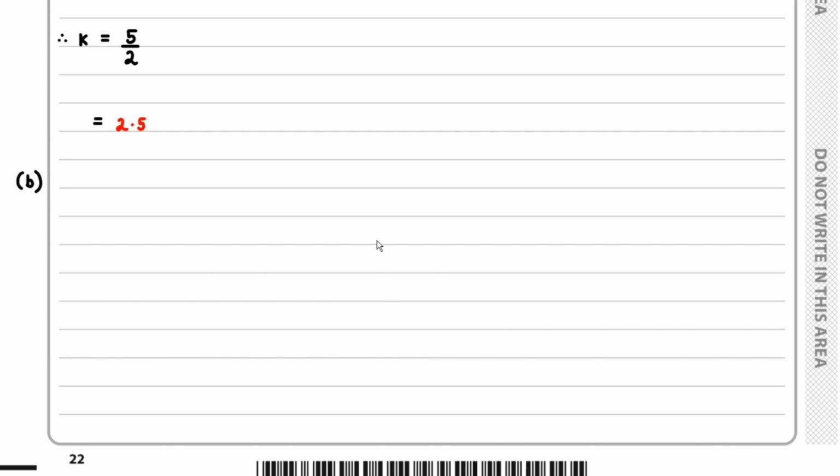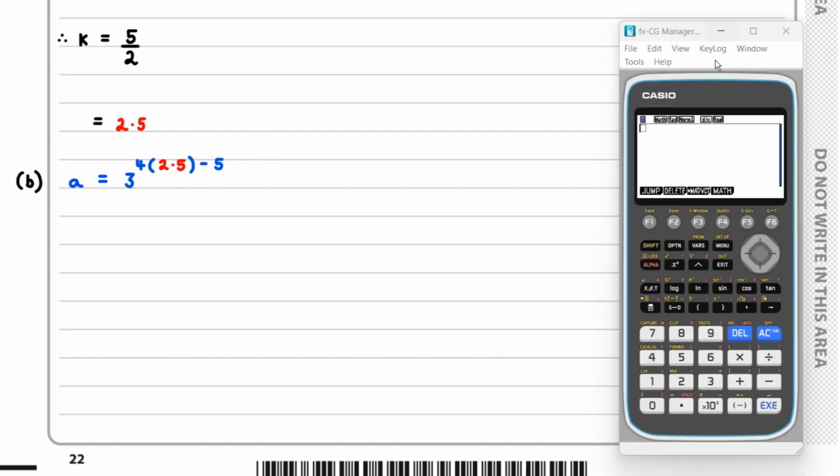So we have a equaling 3 to the power of 4 lots of 2.5 subtract 5. And working this out, we have 3 to the power of 4 lots of 2.5 subtract 5, which is 243.